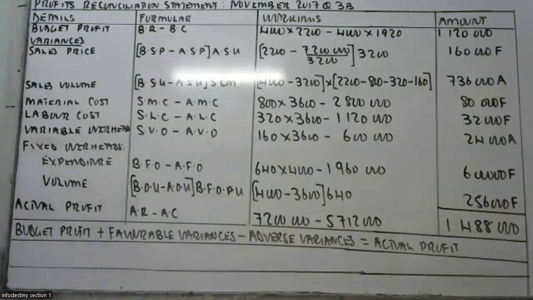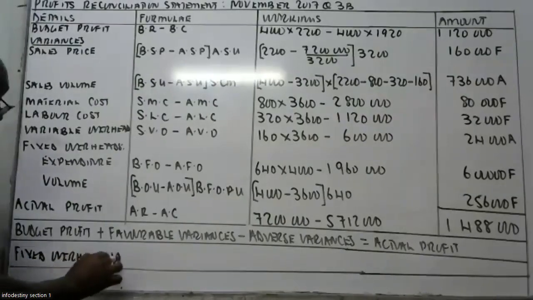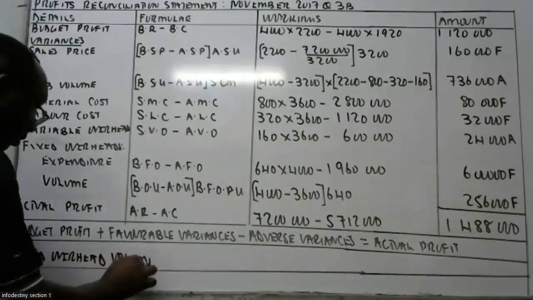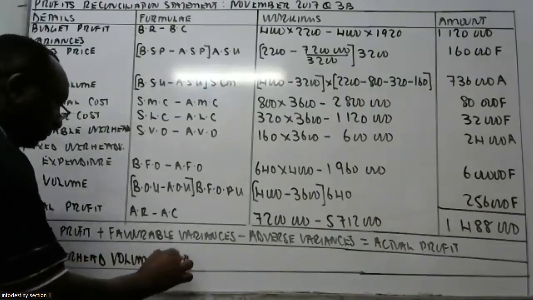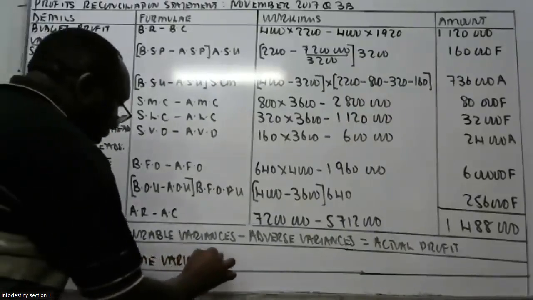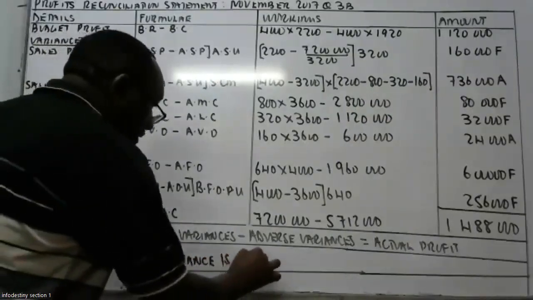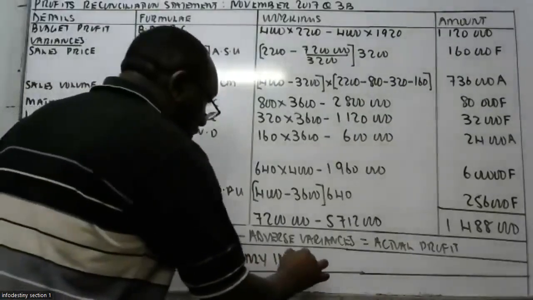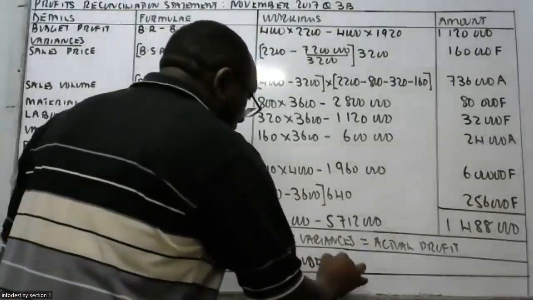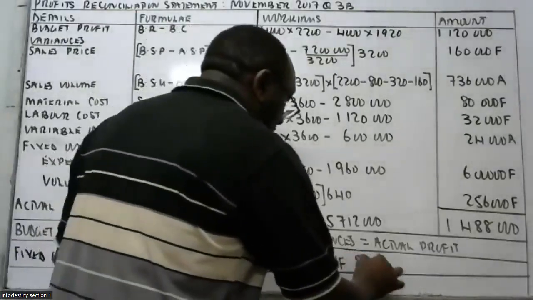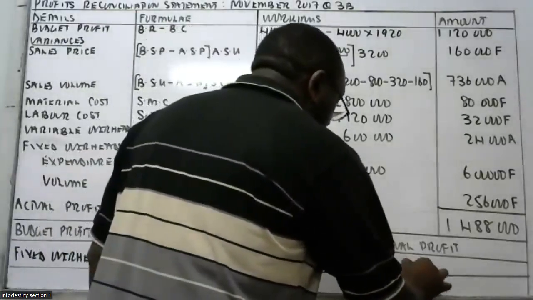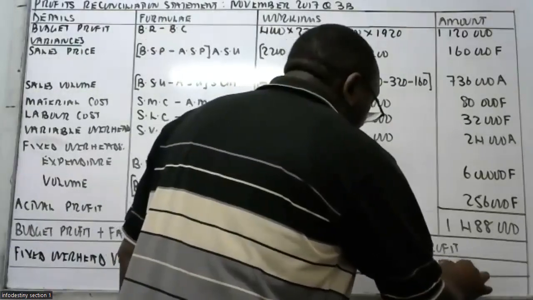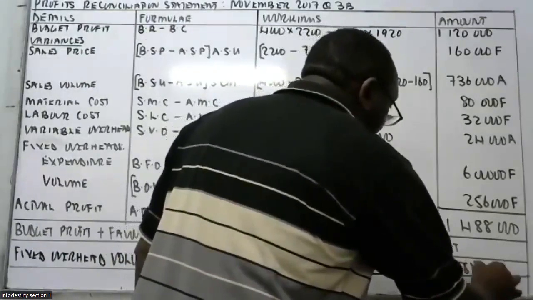The last thing that I want you to note is the fixed overheads volume variance is only included if stocks are present.